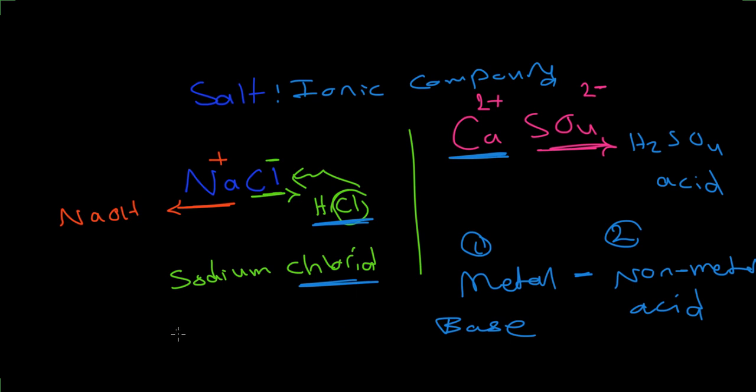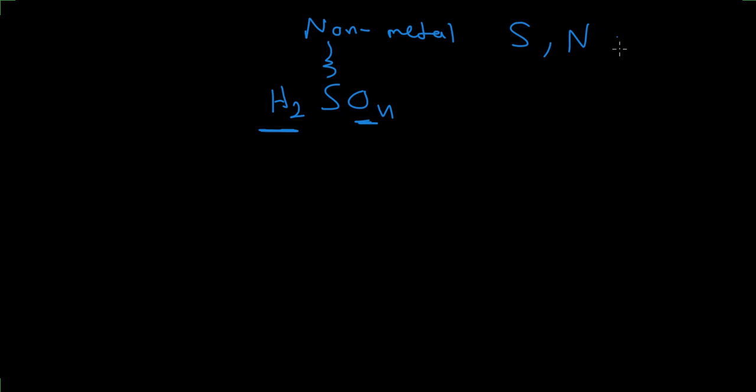Okay, so in general, acids or oxyacids like H2SO4 always start with hydrogen, and then you have oxygen, then a non-metal, usually sulfur, nitrogen, or carbon.